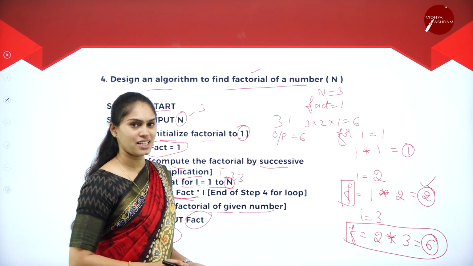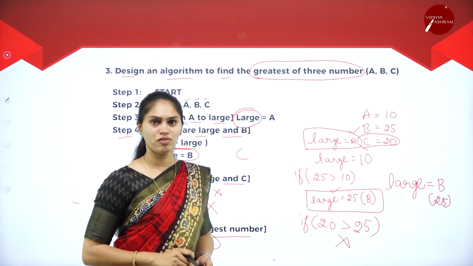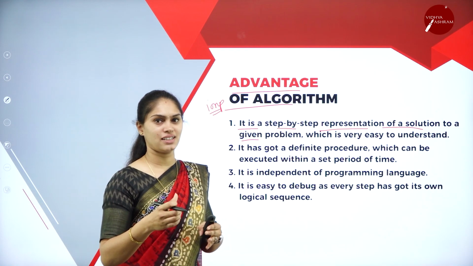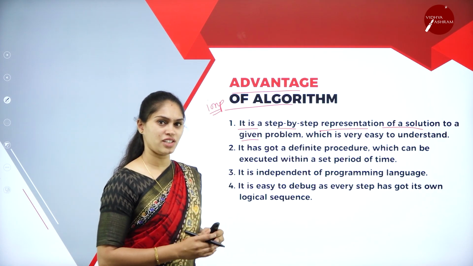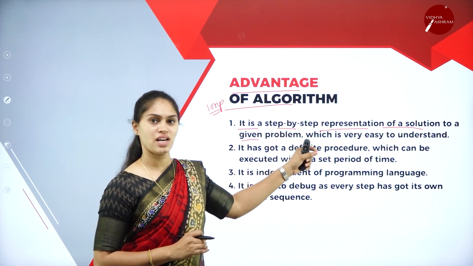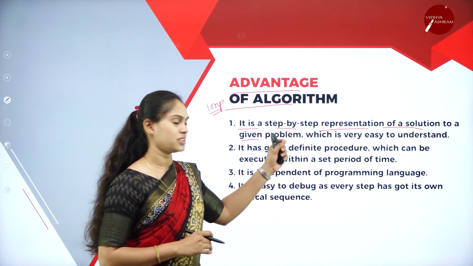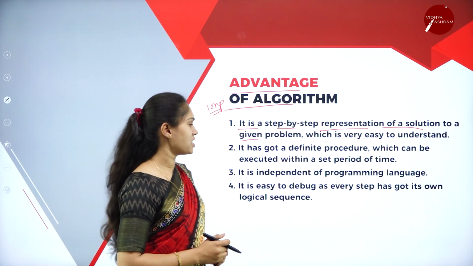Here we have a clear picture of each line of code. Each step gives me some result. So it is a step-by-step presentation of a solution to any given problem, which makes it easier for the user to analyze and understand. That is the first point.